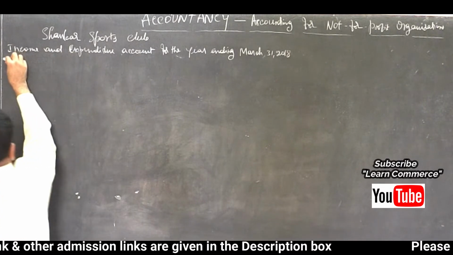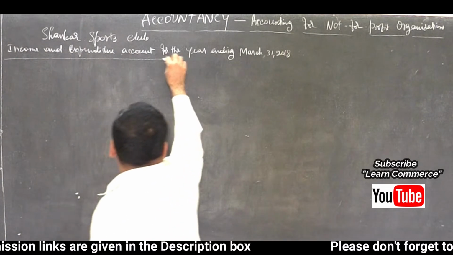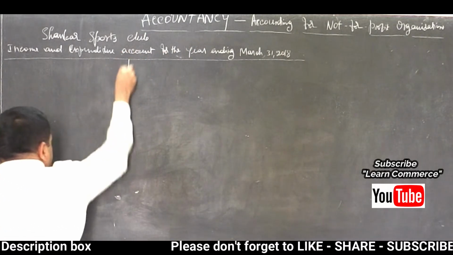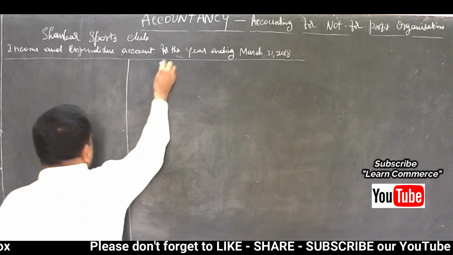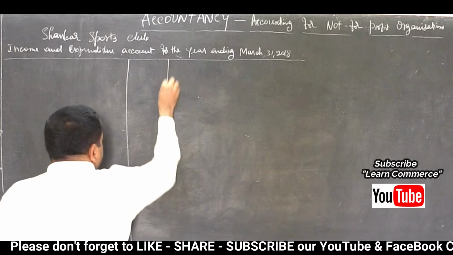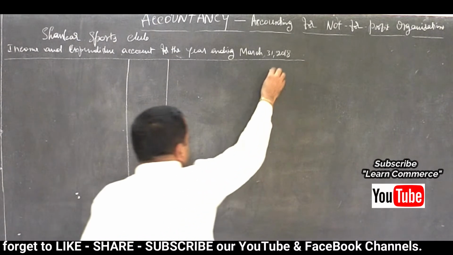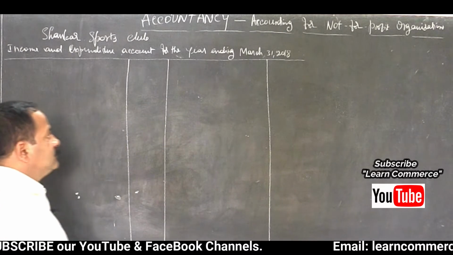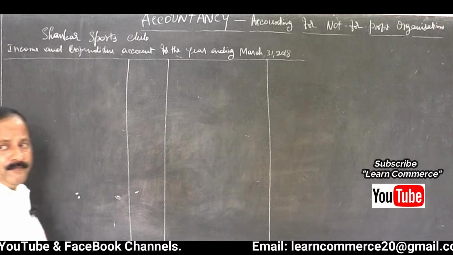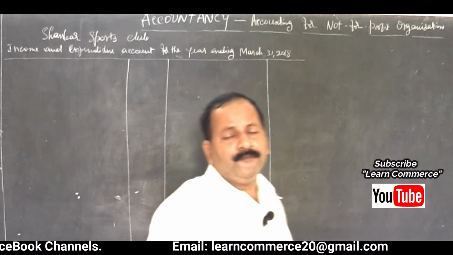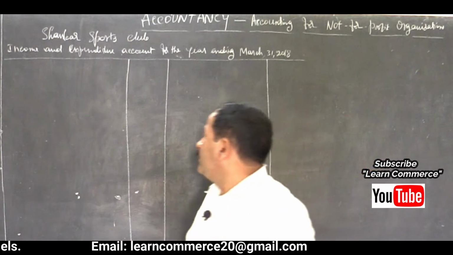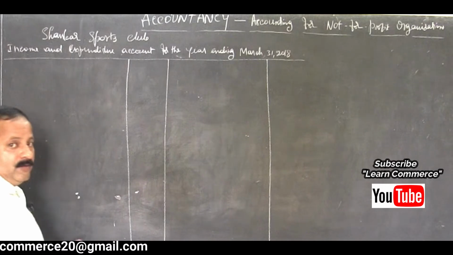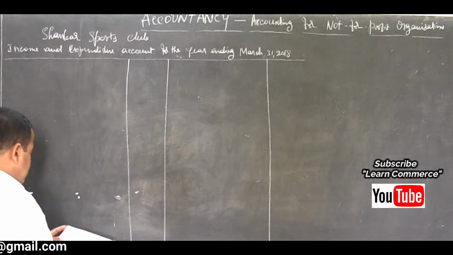Yes. Draw the columns. Write column headings. Date is not there. Expenditure on the debit side, amount in rupees, then provide for JF, expenditure JF, amount in rupees, income JF, amount in rupees. Yes. Now let me start solving the problem.